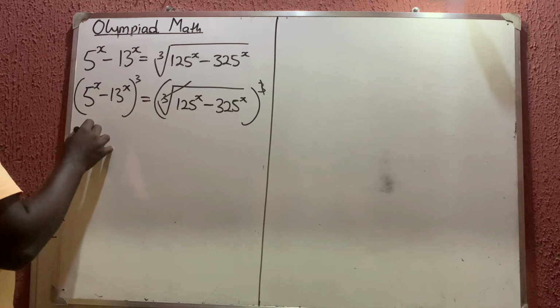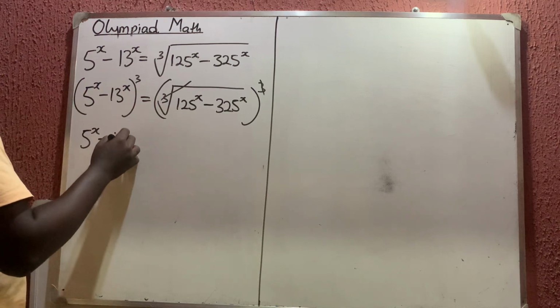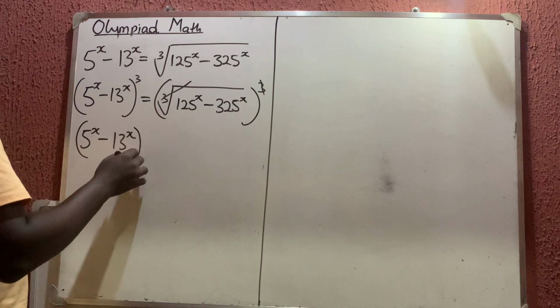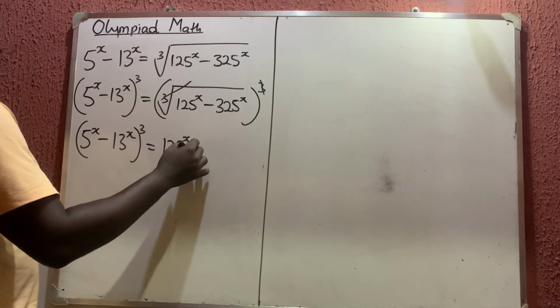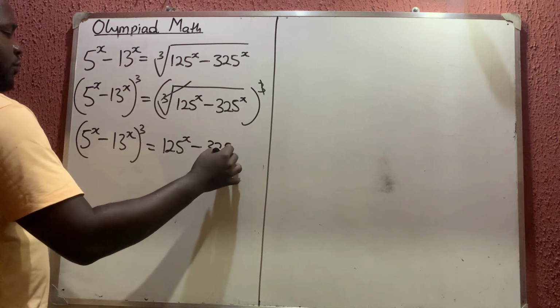I'm having (5^x − 13^x)^3 is equal to 125^x − 325^x.